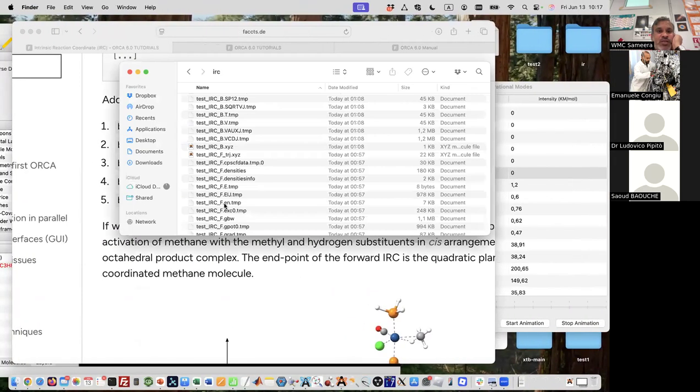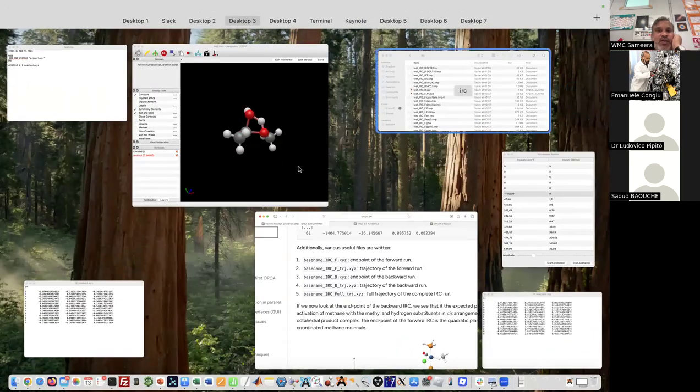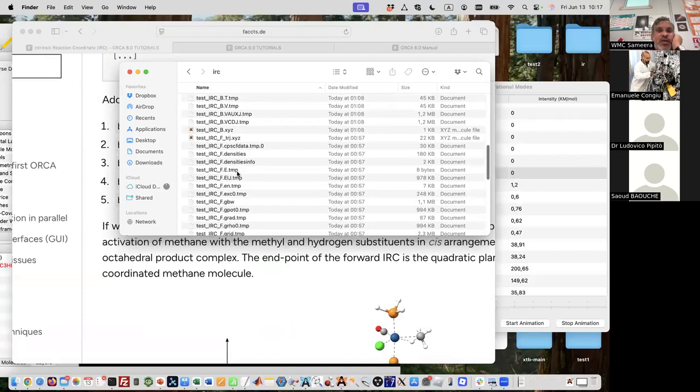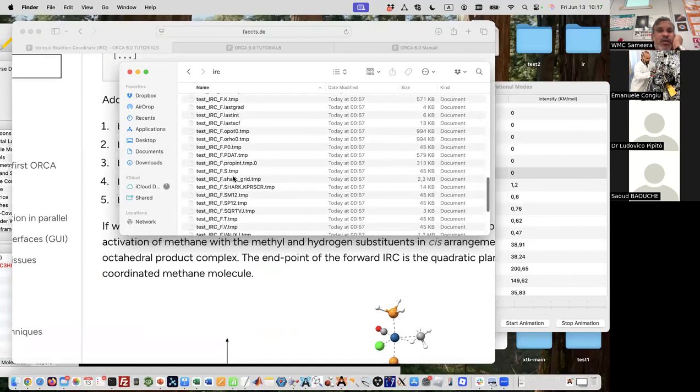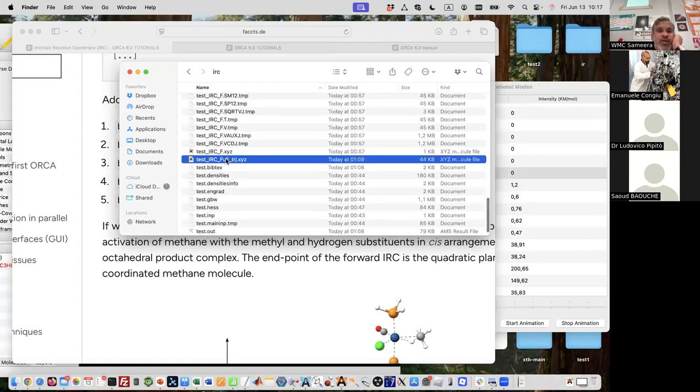Maybe let's try to open it. Full trajectory. So here it is. This is the file we want to look at.